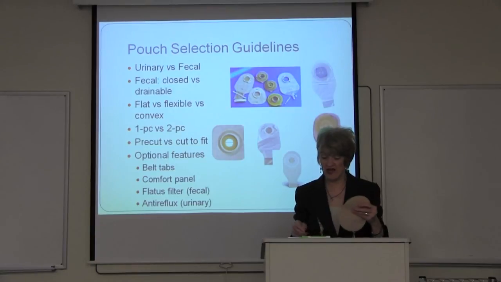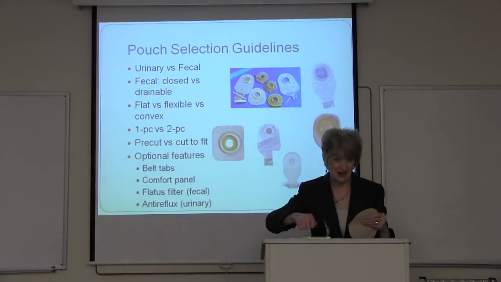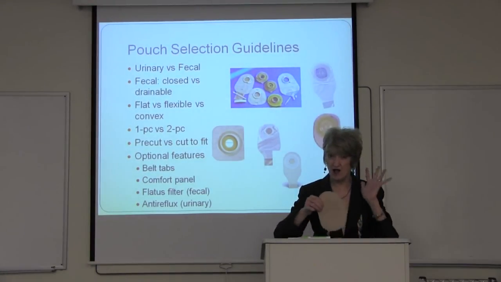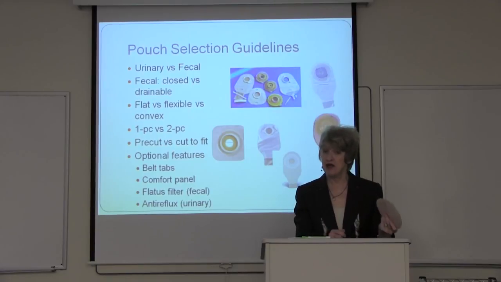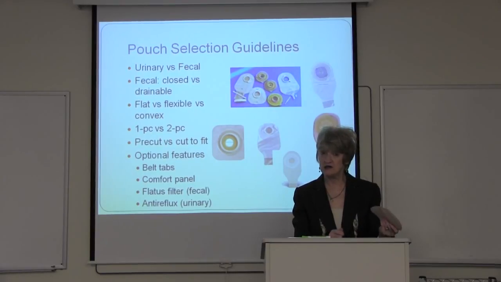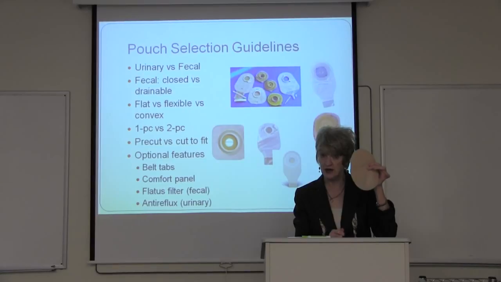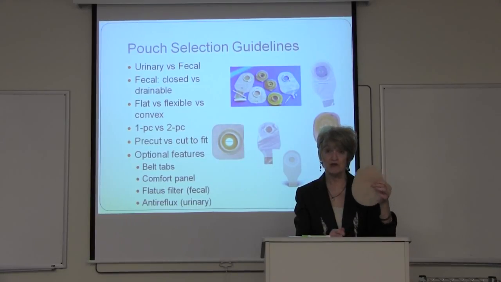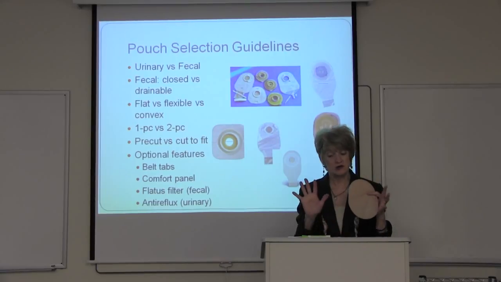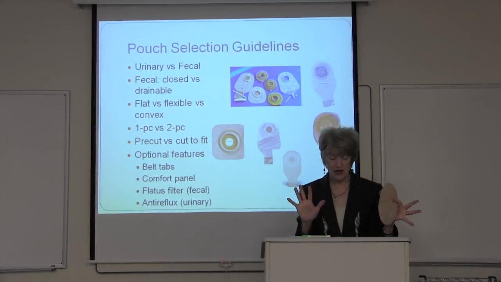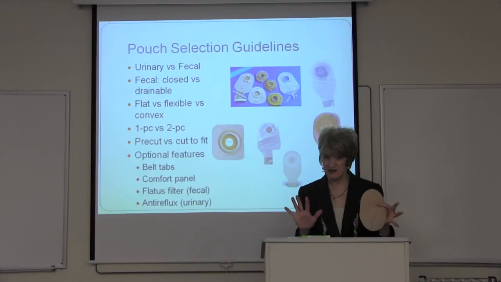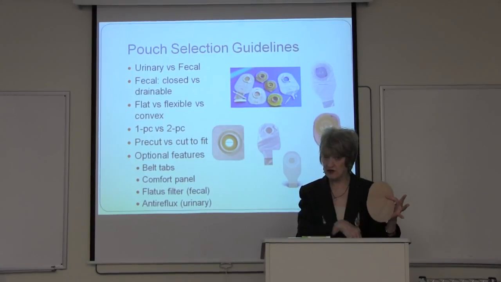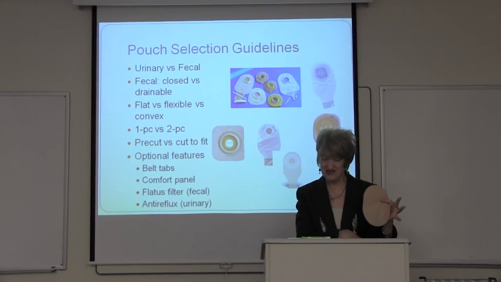They just don't want that whole opening up the end and dumping stool out and cleaning and all of that kind of stuff. And if they have a left-sided colostomy, we can put them in a closed-in pouch. So think about a closed-in pouch for people who say, I can change, but I hate emptying. And they're emptying less than twice a day, once or twice a day.